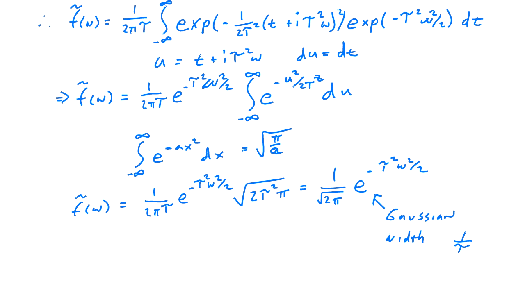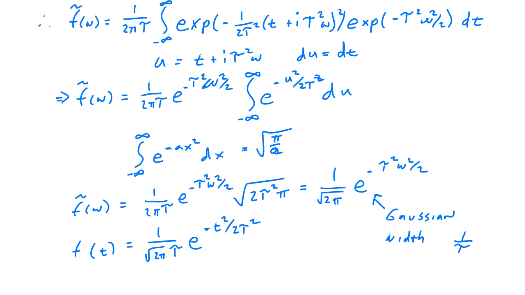So they're basically equivalent. Let me show you the original function that I was dealing with. It was given as 1 over square root of 2 pi tau e to the minus t squared over 2 tau squared.